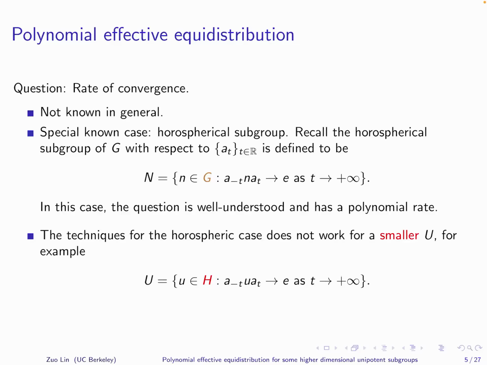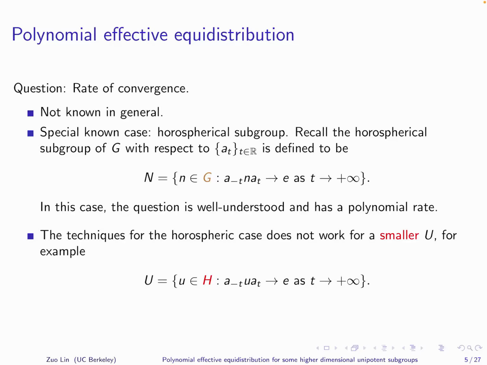Let me just recall the definition. The horospherical subgroup with respect to some diagonal flow in your group is defined to be the elements in the subgroup that get contracted if you flow backwards in time, or in other words, are expanded if you flow in positive time. So in the previous setting, when G is SL3R, its horospherical subgroup N will be the Heisenberg group.